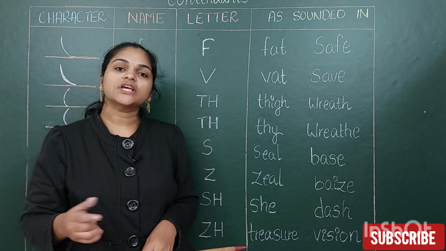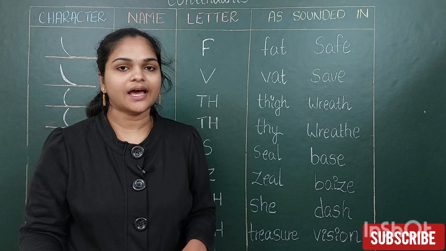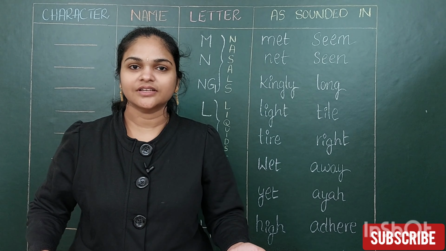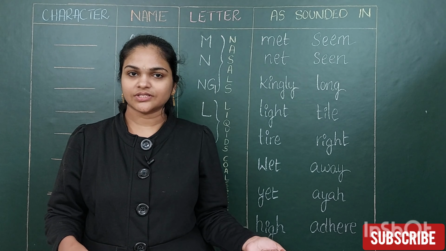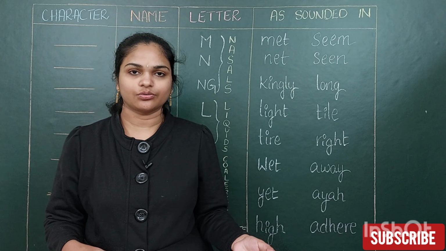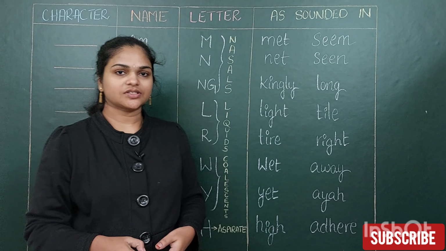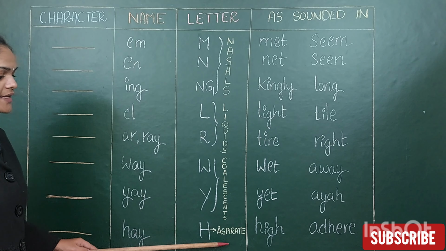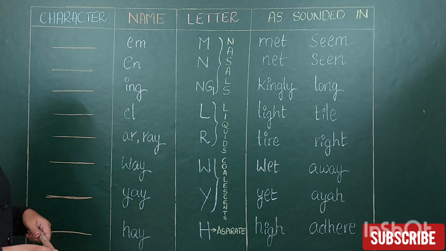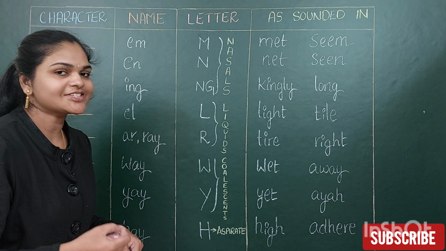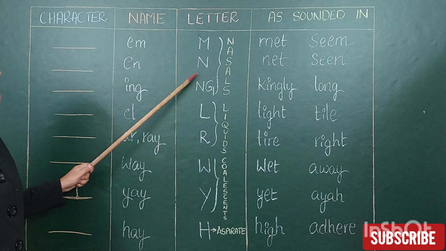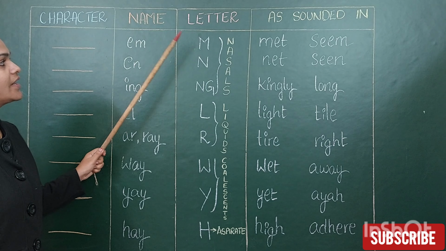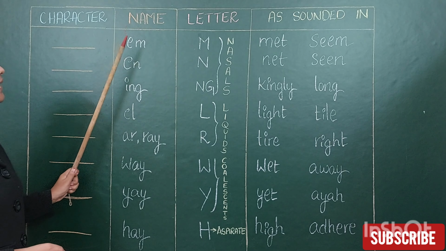Now we will see the next concept, nasals. We have discussed the first 8 straight strokes and the next 8 curved strokes. Next we are going to discuss nasals, liquids, coalescence and aspirate. Nasals are nothing but M and N in letters. So how to write M? In shorthand form, we sound M as M only.